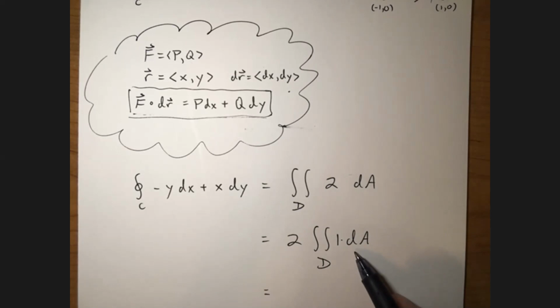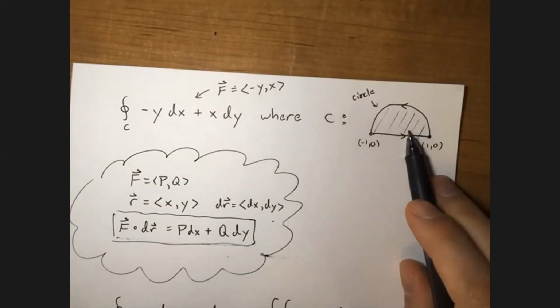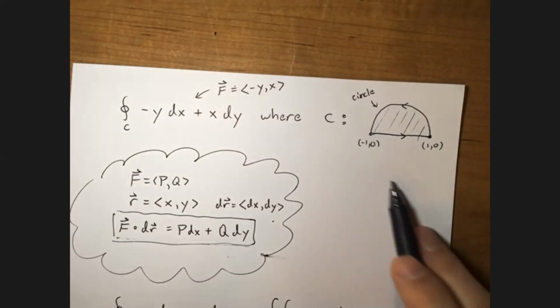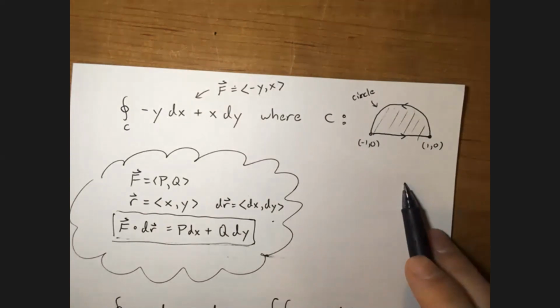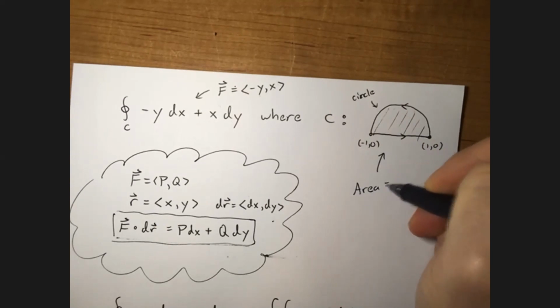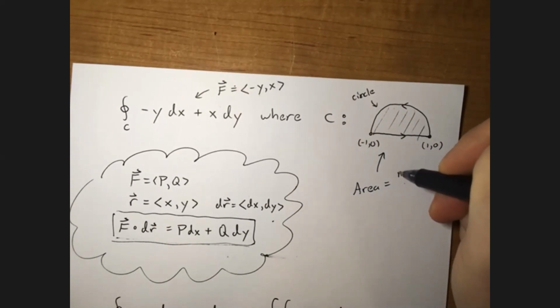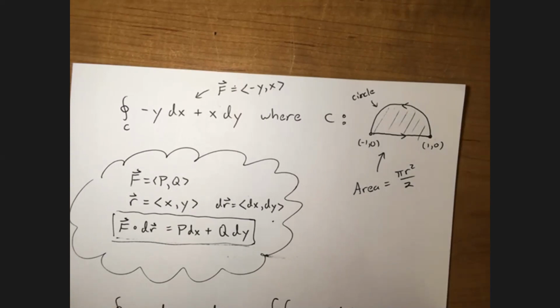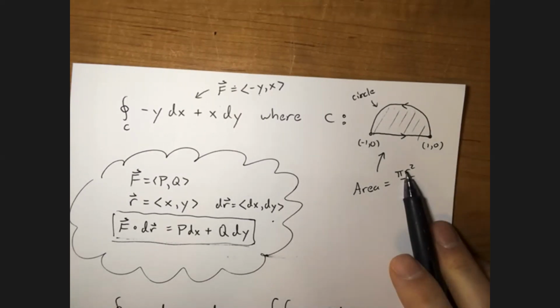I know how to find the area of half a circle. The area of a whole circle is pi r squared, so the area of half the circle is pi r squared over 2. But we know what r is.